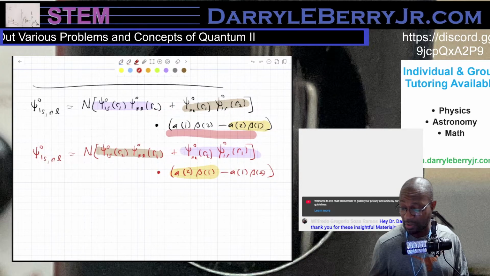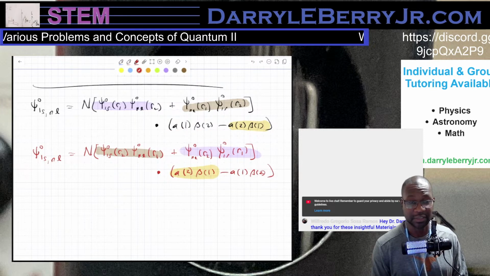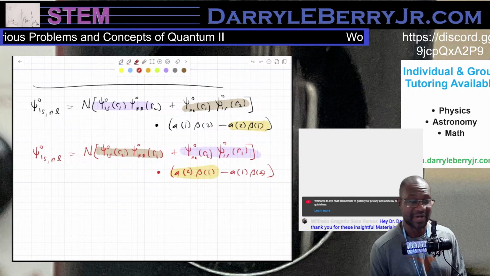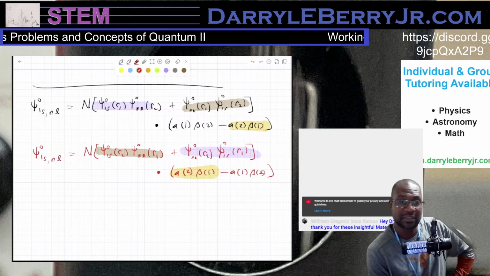And if I swap 1 and 2 for the electrons and the sign doesn't change, then that's not an acceptable variational treatment.